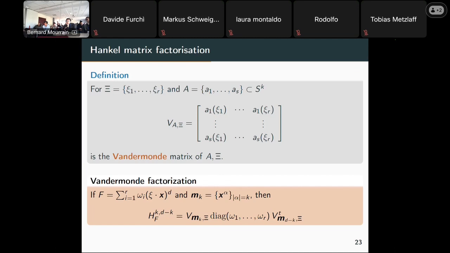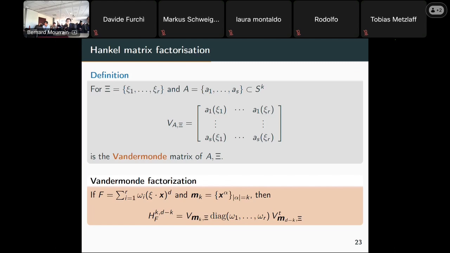It's the Vandermonde of mk at the points ξ, where ξ1, ..., ξr are the points (there is a typo here), times the diagonal of the weights, times the transpose of the Vandermonde in degree d minus k.